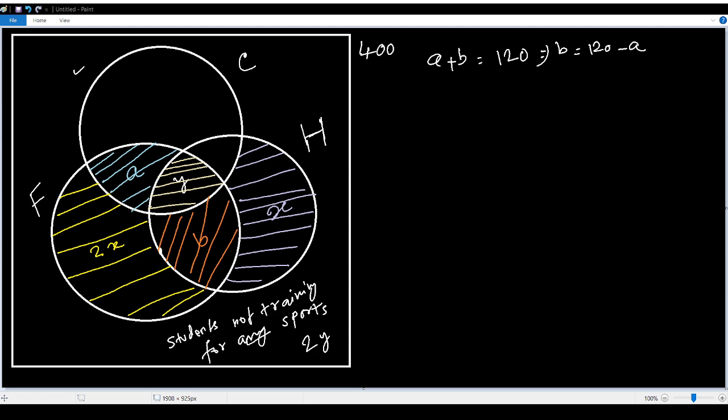The number of students who train for cricket but not for football is 70. So train for cricket but not for football. What does that mean? Which region is that? It is talking about this region.